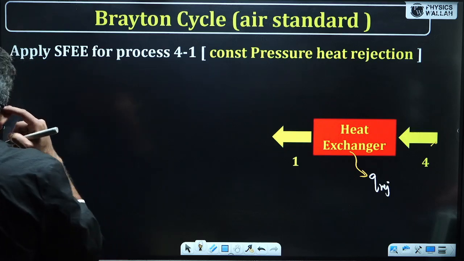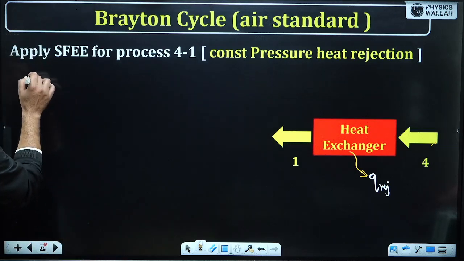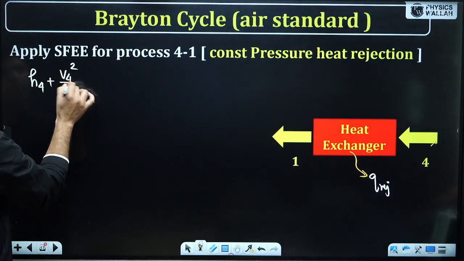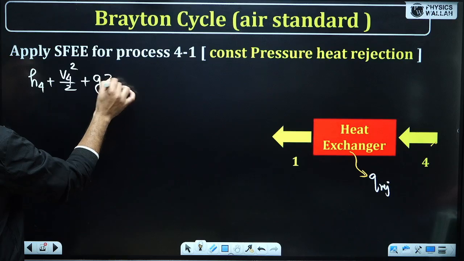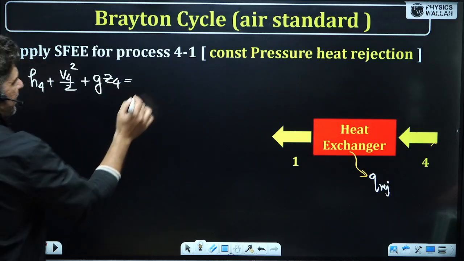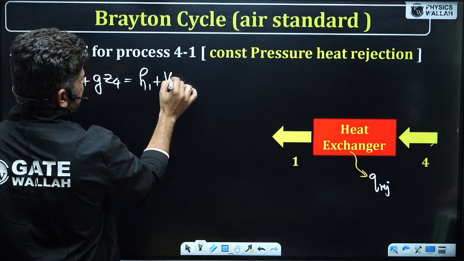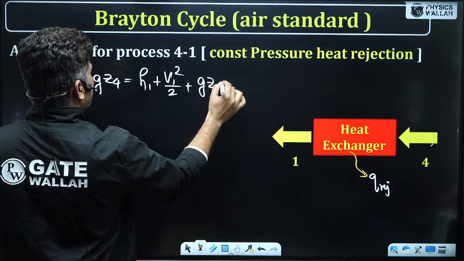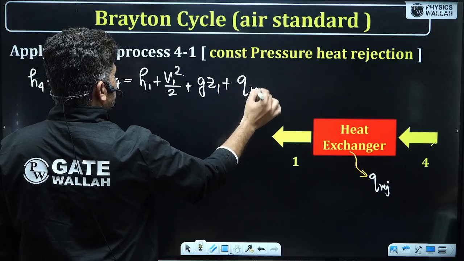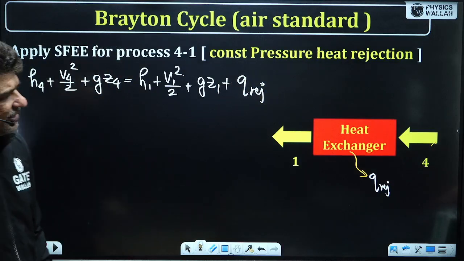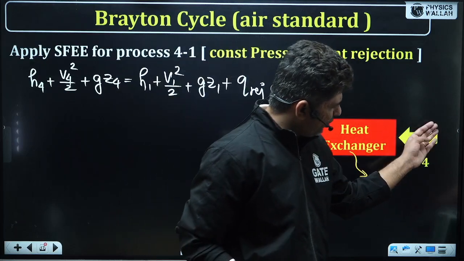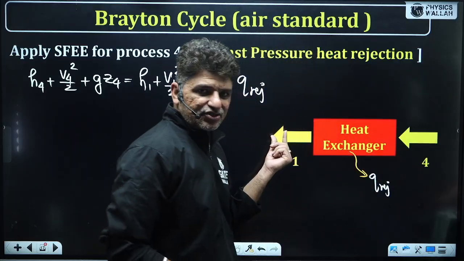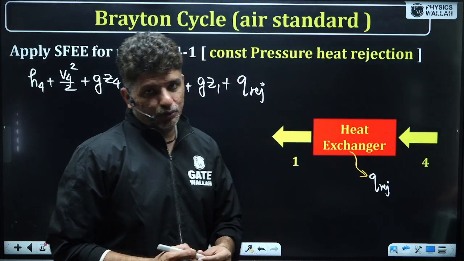So if you want to write the steady flow energy equation, we can write H4 plus V4 square by 2 plus ZZ4 will be equal to H1 plus V1 square by 2 plus ZZ1 plus Q rejection. So the energy coming in is H4, V4, Z4, and that going out is H1, V1, Z1 plus Q rejection.